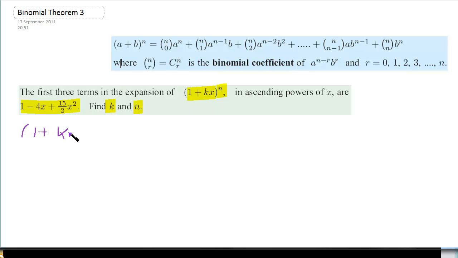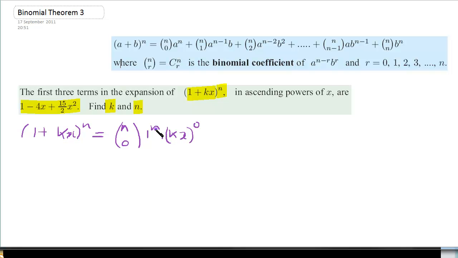So we've got (1 + kx)^n equals nC0 of 1 to the n times kx to the 0. Now I'm not going to keep writing 1 to the n minus 1.